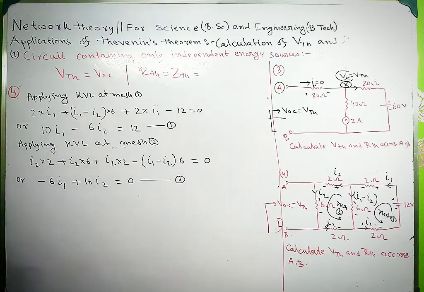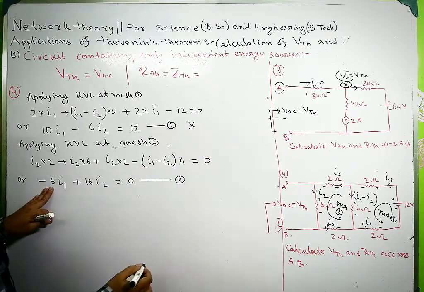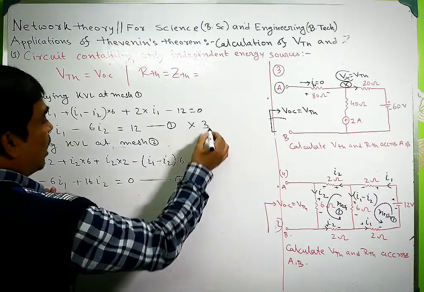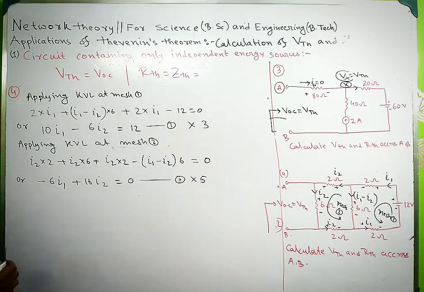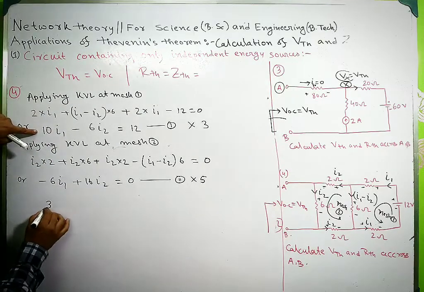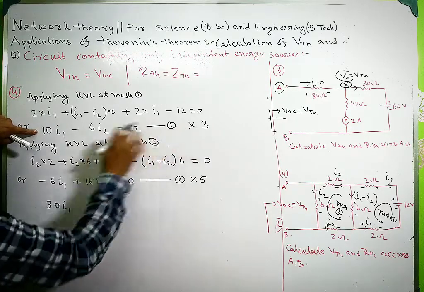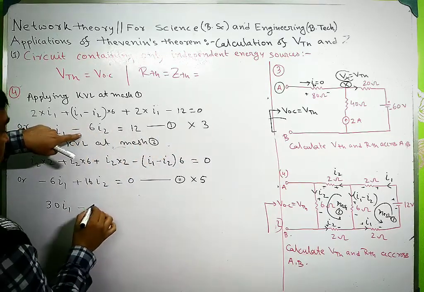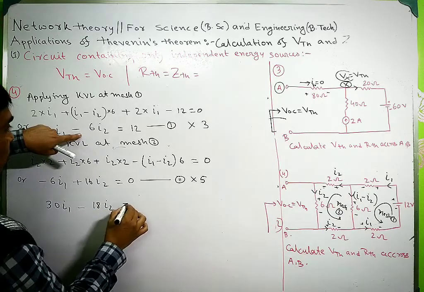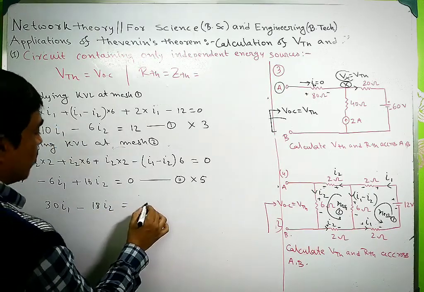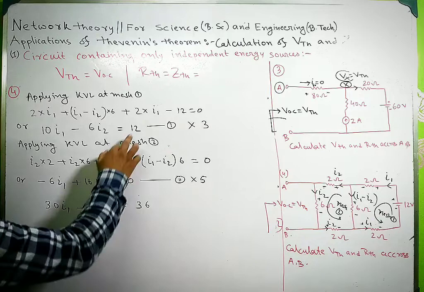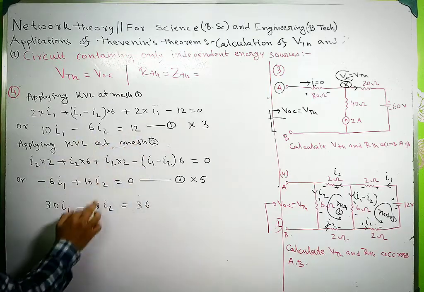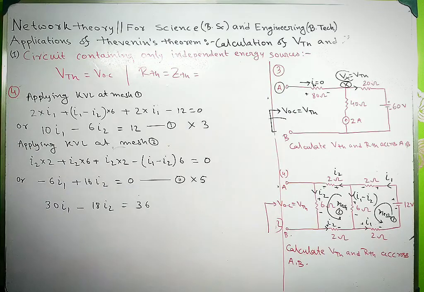If I multiply this equation by 3 and this by 5, then I will get 30 I1 minus 18 I2 equals 36.